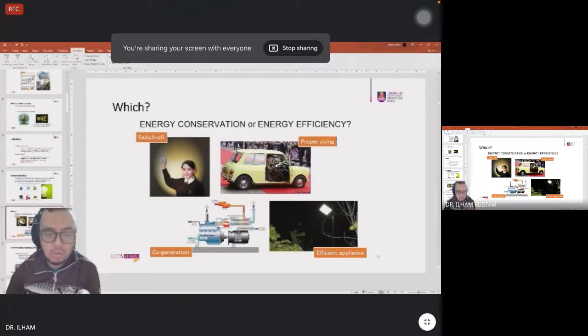Energy conservation means you won't be able to experience the same comfort level. Meaning kalau lampu, kalau awak nampak semua, kalau energy conservation, you have to switch off. Kalau energy efficiency, instead of pakai Mustang, kalau mampu lah banyak duit kan, you pakai Tesla. That's the difference.